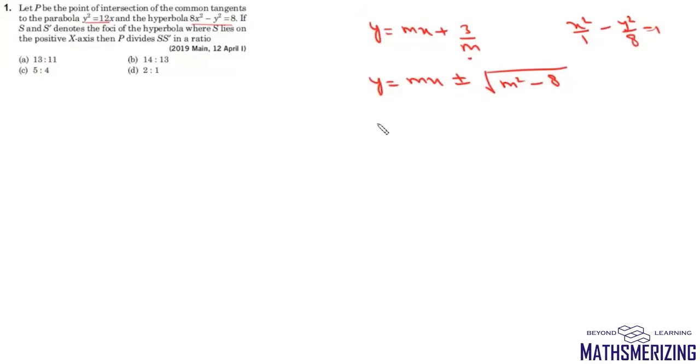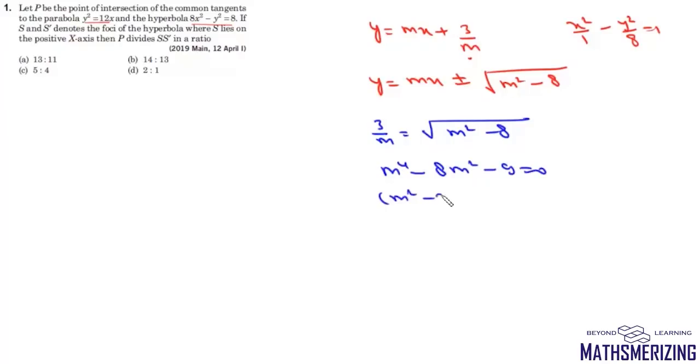So from here we'll get this condition that 3 by m is equal to under root of m square minus 8. So we'll square it, we'll get m to the power 4 minus 8m square minus 9 equals 0. So the condition will be m square minus 9 into m square plus 1 equals 0. That is, the value of m is plus or minus 3.